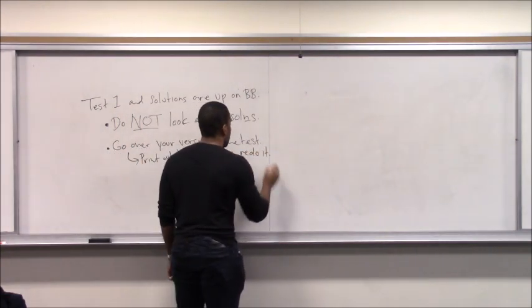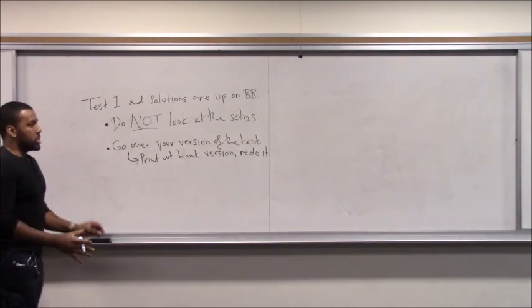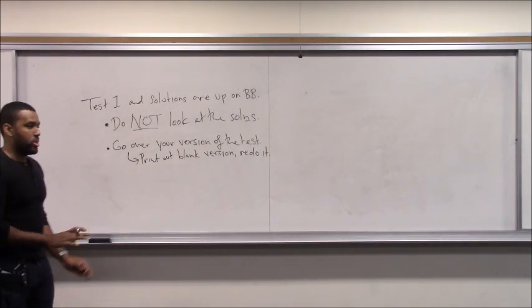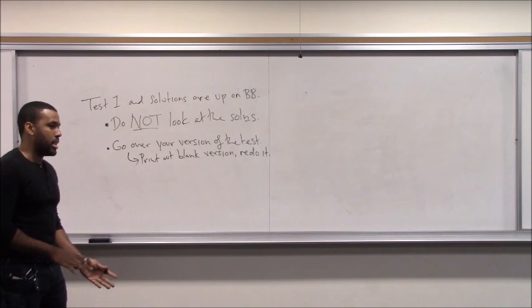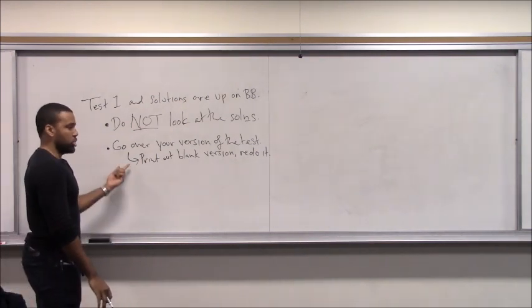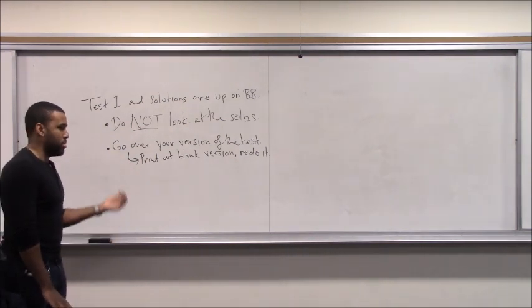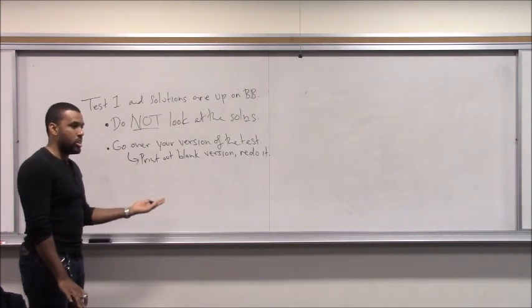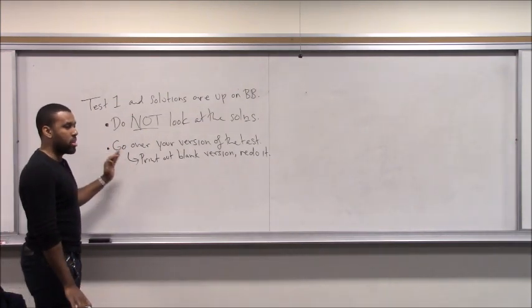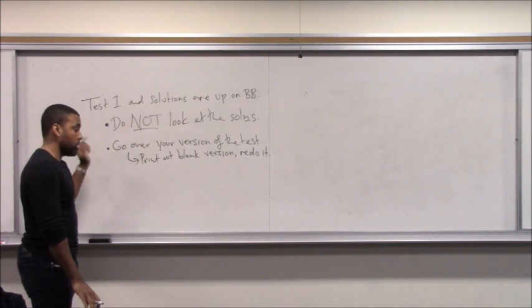Redo it. Somewhat pay attention to the time, but I don't even really care about the time that much here, really. Just redo it. If it takes you 3 hours, get it done. I want you to go through the blank version of the version you took.